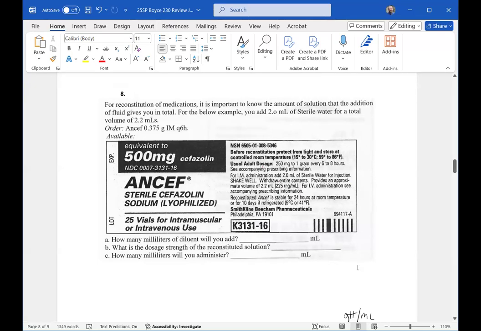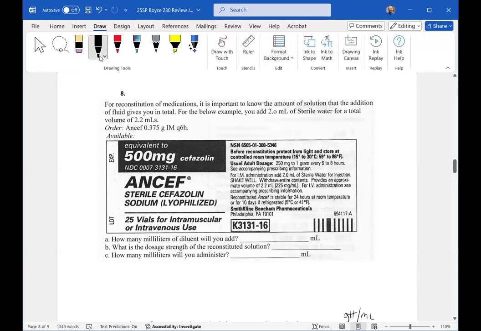So with reconstitution, as a reminder, you've seen this the last 2 semesters, so this shouldn't be new. You'll know that you're dealing with a reconstitution because it'll say IM or intramuscular. Sometimes it'll even tell you to mark a syringe.